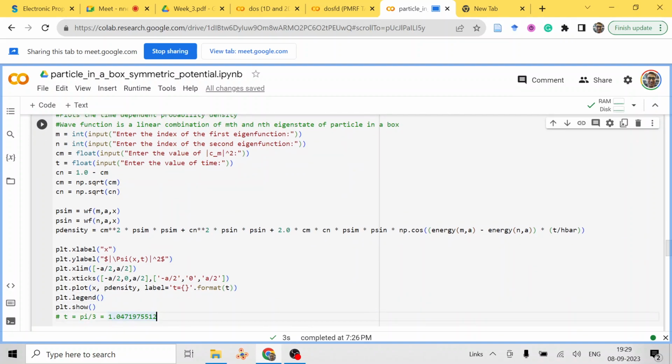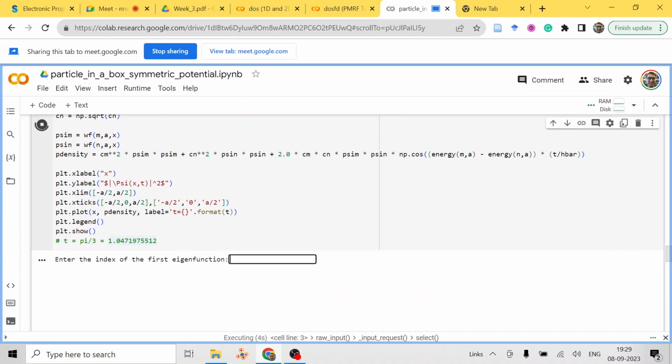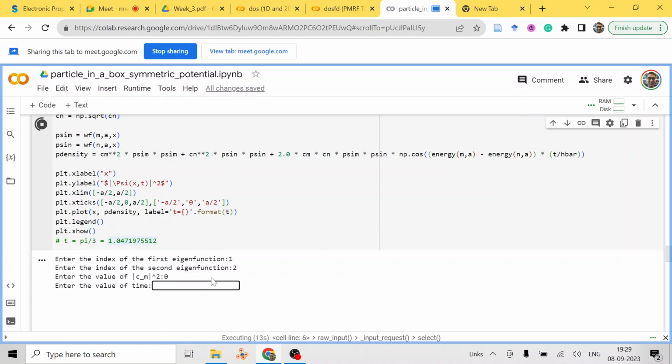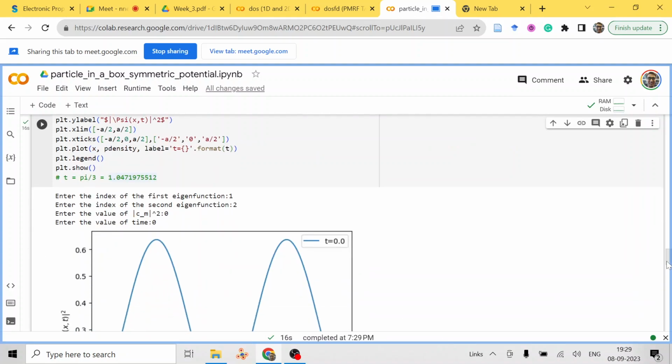All right, here let me just take 1 and 2 only. We have used that example of 1 and 2, so you can check the results. Let's say we are talking about t equals 0. I guess I made some mistake. What I have done is just the same square.